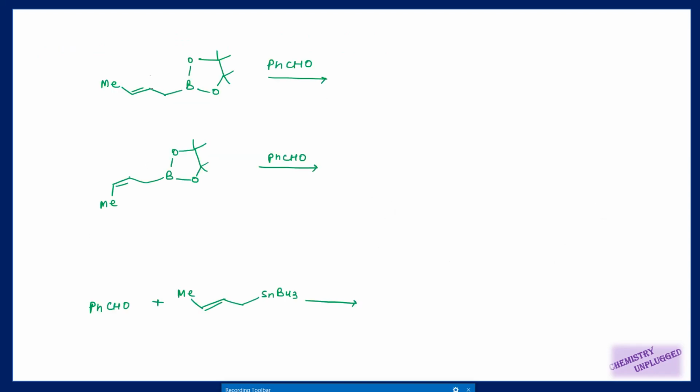For example, in this case we have an E allyl borane, and we are reacting it with this aldehyde. The first thing we have to do is draw this structure as such, because this reaction involves a cyclic transition state. So we will find out the structure of the transition state, and on the basis of that transition state we can find out the final product.